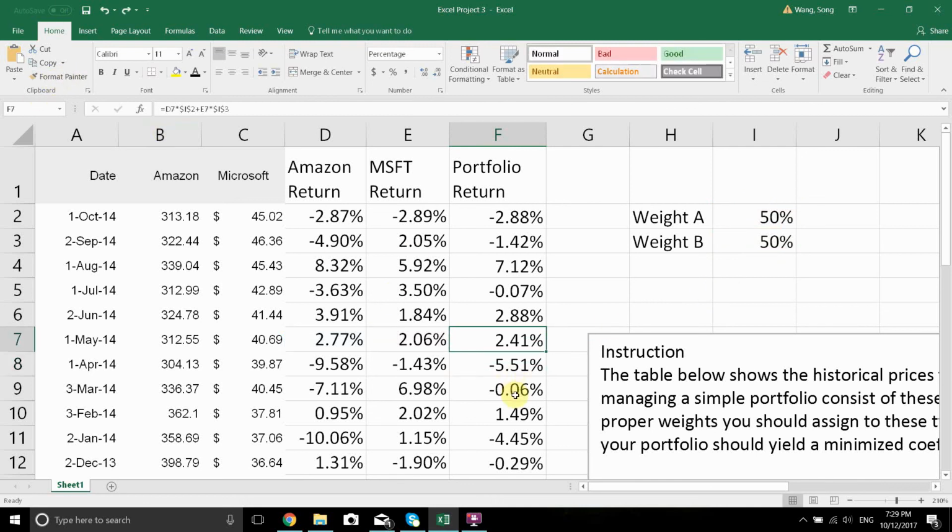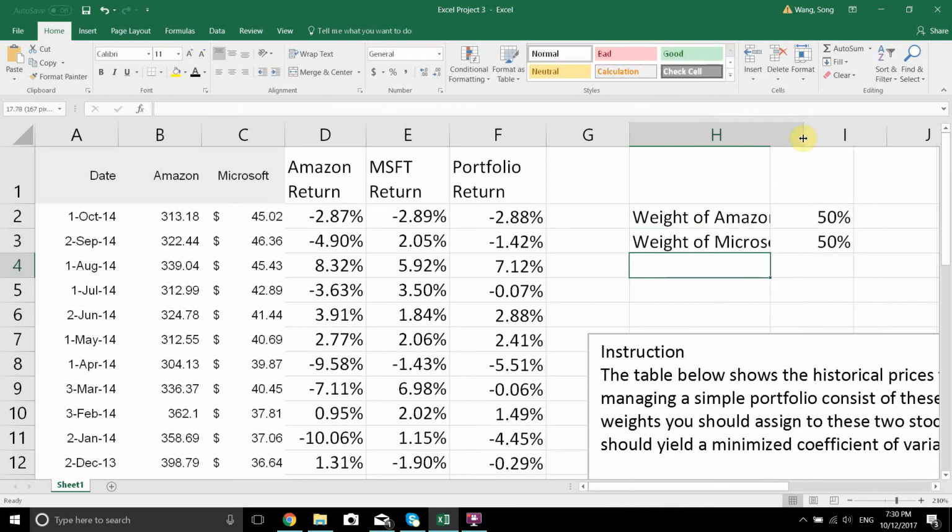Just undo it, and then same here, and same here. So I keep using the same return. Or you can do this. You can put the weight of Amazon and the weight of Microsoft, if you prefer, or weight A, weight B, it does not matter.